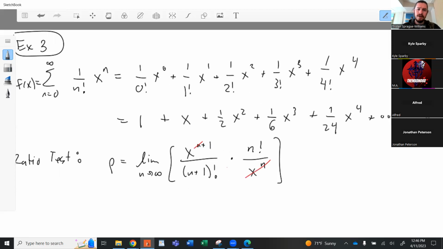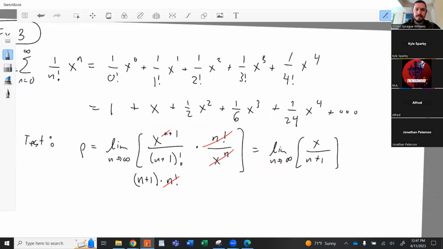And then you may remember how this works. Have you guys done a few of these ratio tests now with factorials? You may remember that n plus 1 factorial is n plus 1 times n factorial. So the n factorial cancels and the n plus 1 is left over. All we have after simplifying is x over n plus 1.